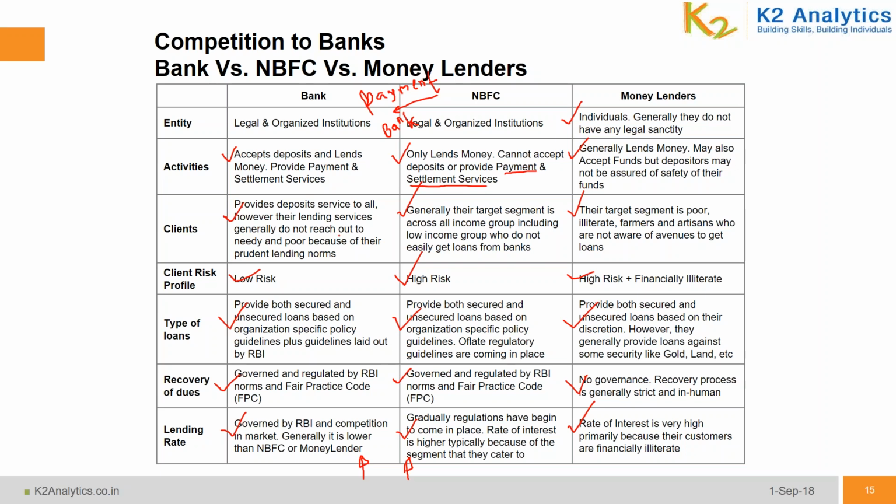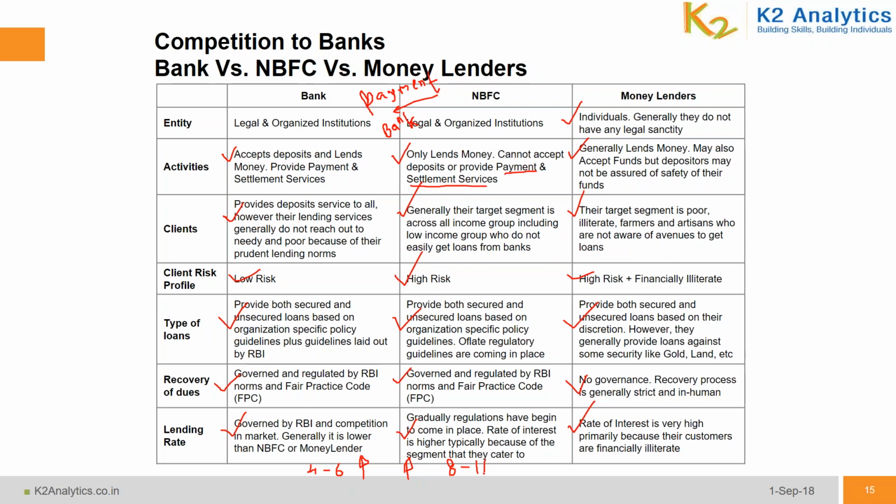Banks typically pay 4 to 6 percent on the savings account, and NBFCs typically raise money at 8 to 11 percent in the current market scenario. So the cost of funds for a bank is too low, whereas the cost of funds for an NBFC is high. That is point one.